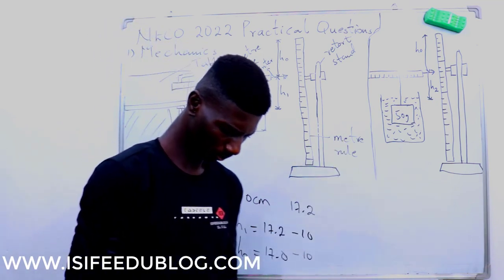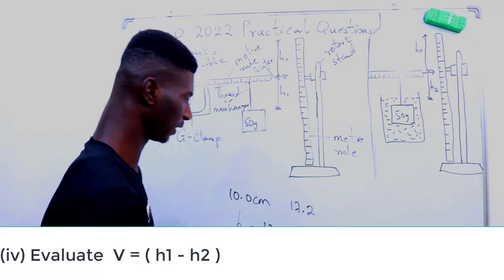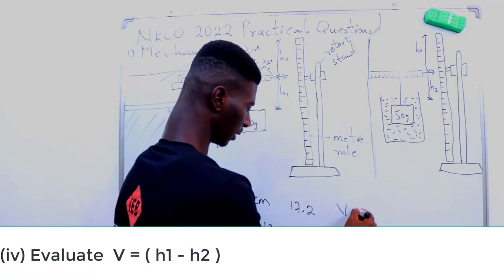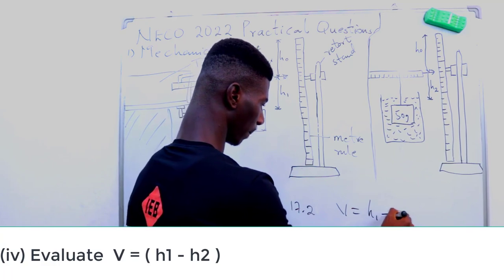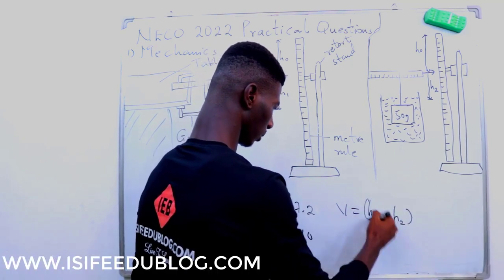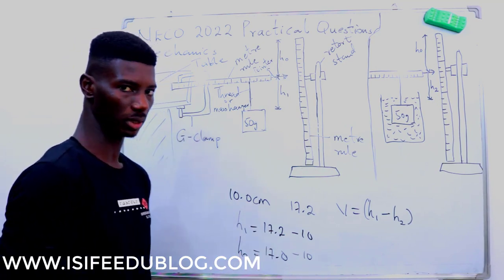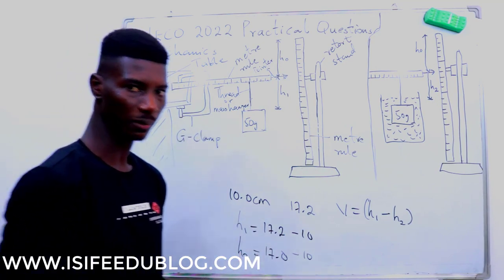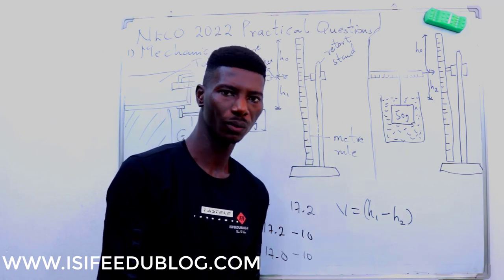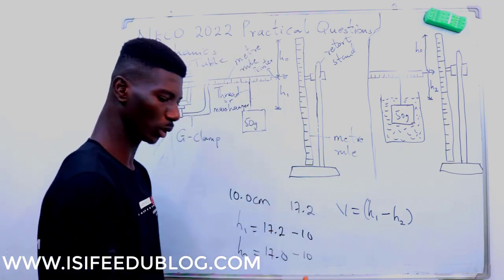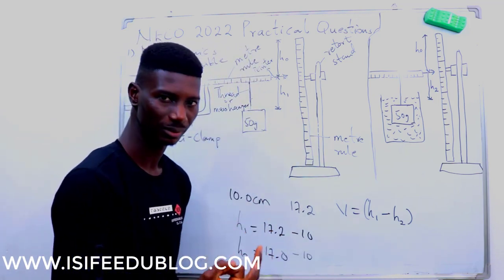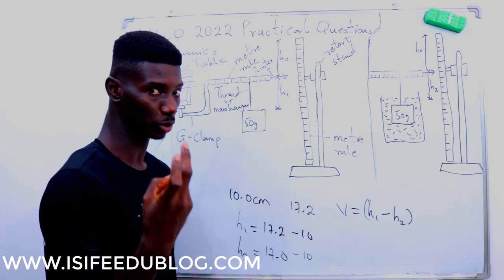So we continue. Then I'll say, evaluate V, H1 minus H2. Evaluate V, H1 minus H2. So how many columns do we have now? We have a column for M, which is the mass. We have a column for H1 in cm, that is 2 columns now.